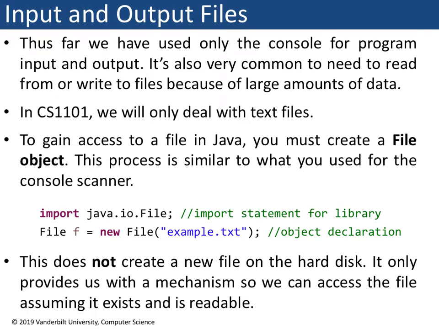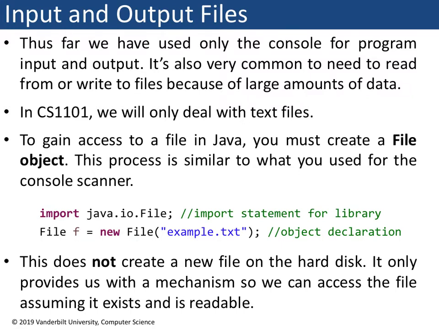So first of all, we have to import the library to be able to manipulate and read from files. Then in our code, we declare the file object with the location of the file as the parameter to the constructor.